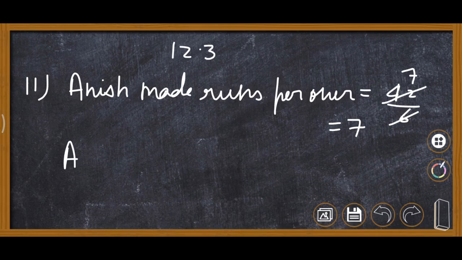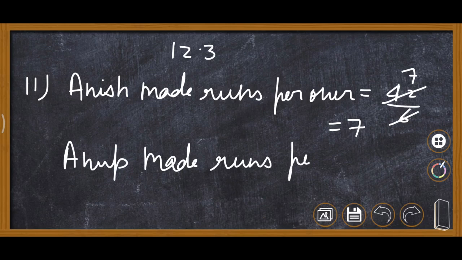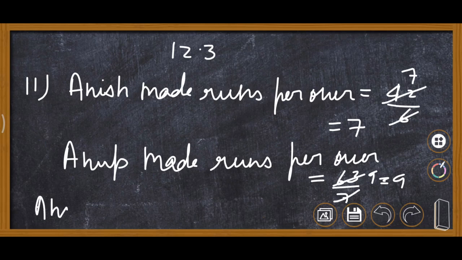And then Anup made runs per over. Then this is 63 upon 7. Now here you can see 9 runs. So who made more runs? So here Anup made more runs.